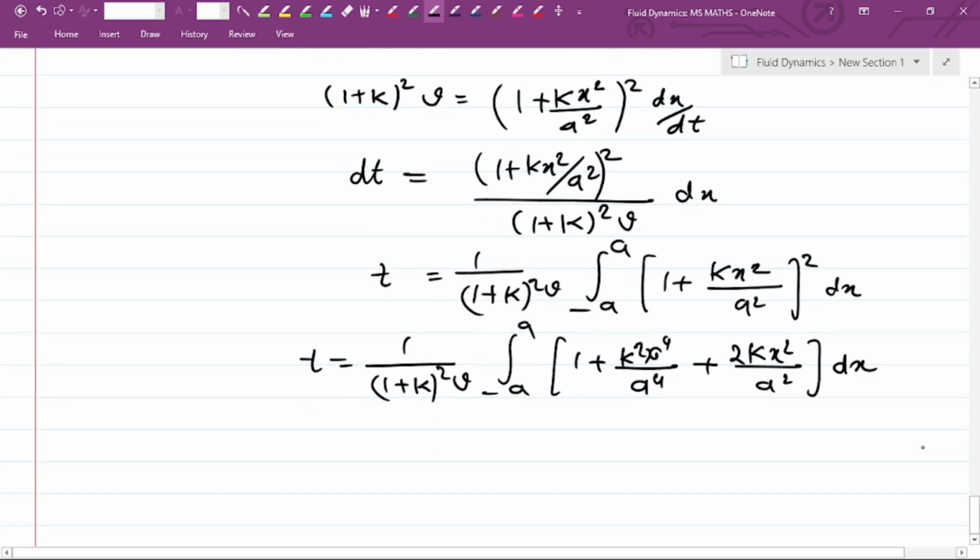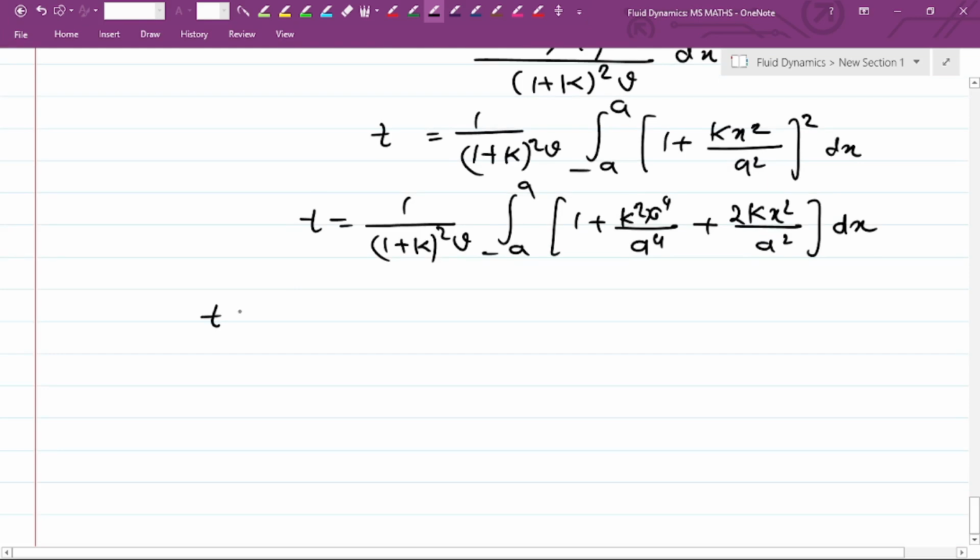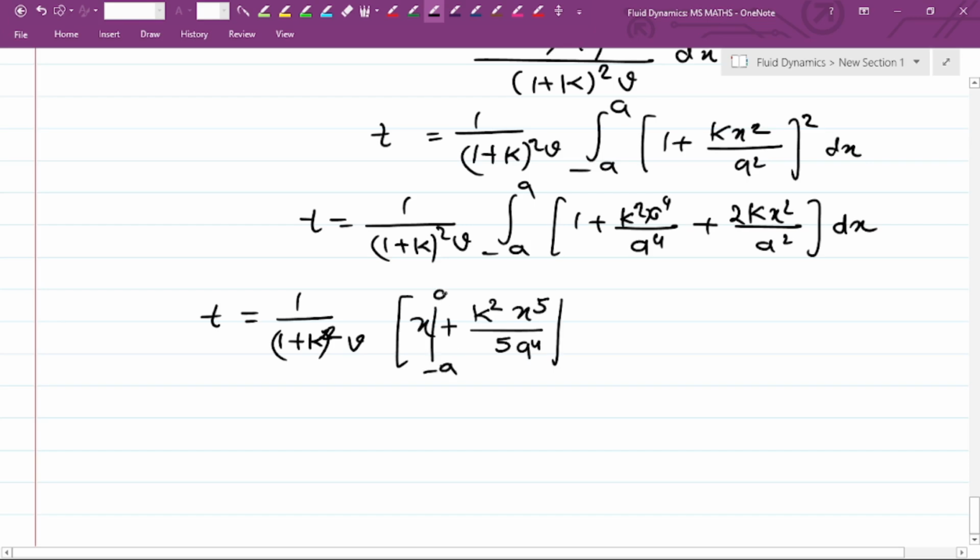Now we can easily do the integration: t equals 1 upon 1 plus k whole square into v, times x plus k square x power 5 upon 5a power 4, with limits minus a to a.